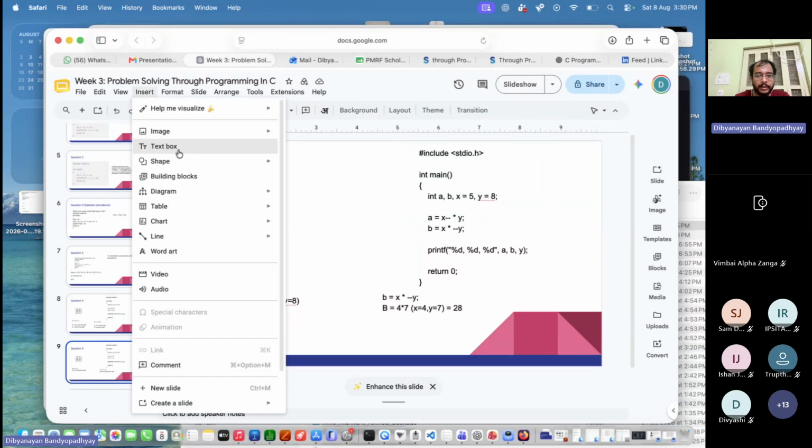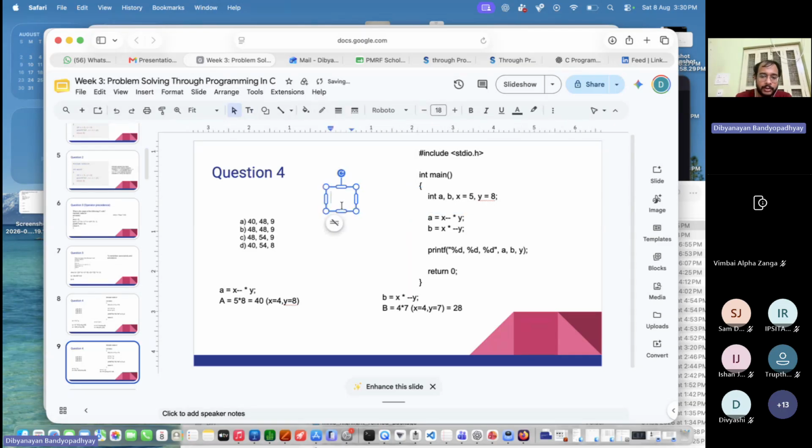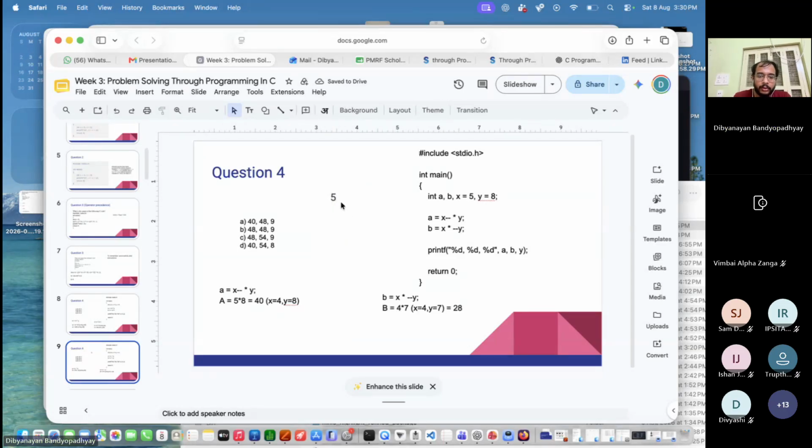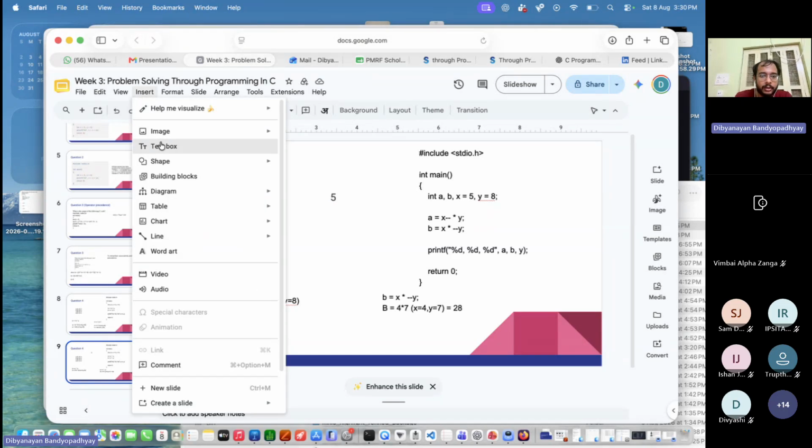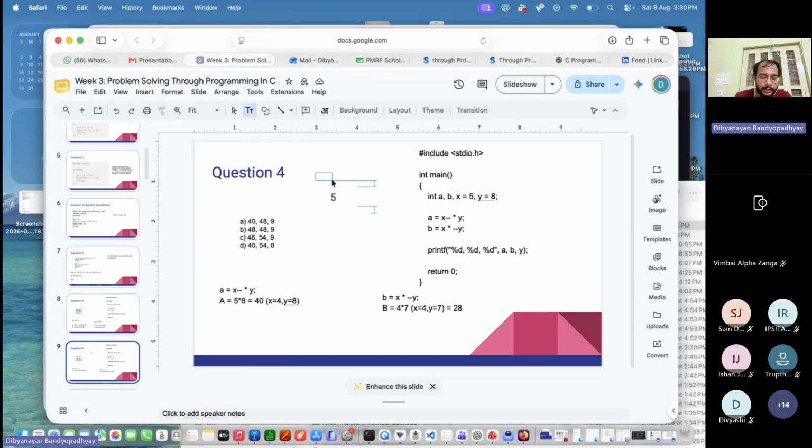So let's suppose this is X, and in some register the value of X is assigned 5 basically. So in some register, you place the value 5 here.